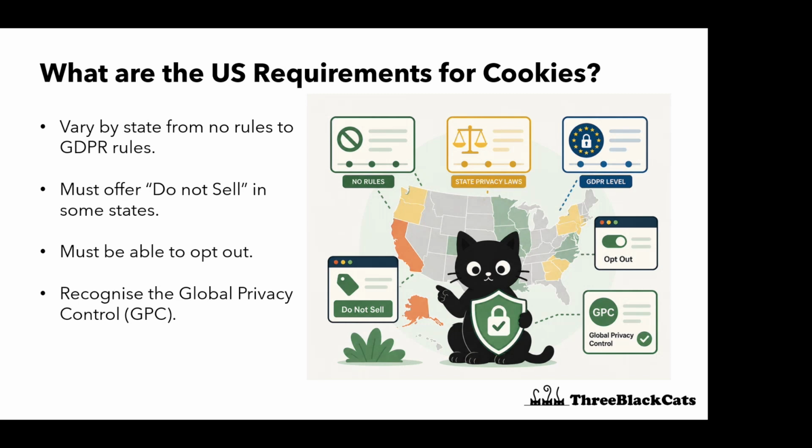When that individual comes to your website, you then need to honor that setting that has come from their browser unless the person says otherwise. So if I've set my global privacy control in my browser settings and I have said no to marketing and I come to your website and it says, look, we've honored your consents from GPC, and I then go, actually, oh, geez, I really do want marketing from this company, I can override it.